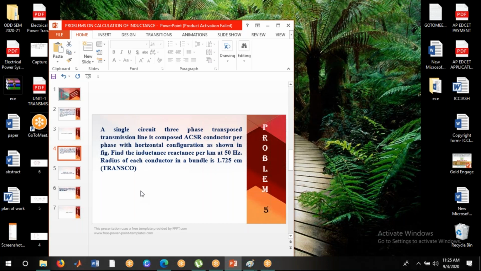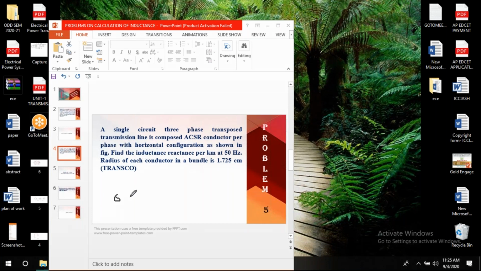So what they ask is, in a single circuit three phase transposed transmission line. Okay, so in a single circuit it has transposition, that means if here there is x, here there is x dash, and if here there is y, there is y dash, and if it is z, z dash.